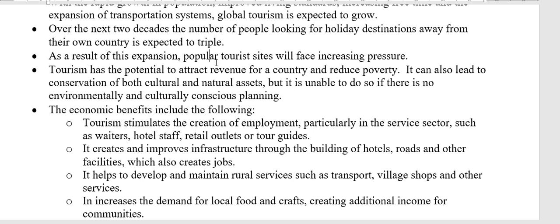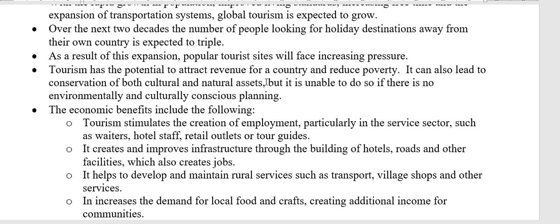We lose our natural assets because we don't look after them and we allow them to be destroyed in the process. We're going to look more at the planning at the very end of this chapter: what is the government going to do? How can we make our tourist industry more sustainable? How can we plan it better so that we can eliminate these negative externalities? All right, so what are the benefits of tourism?